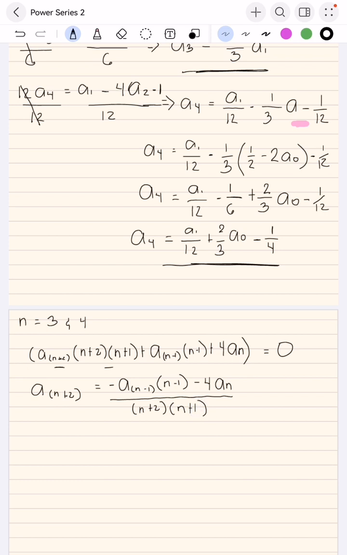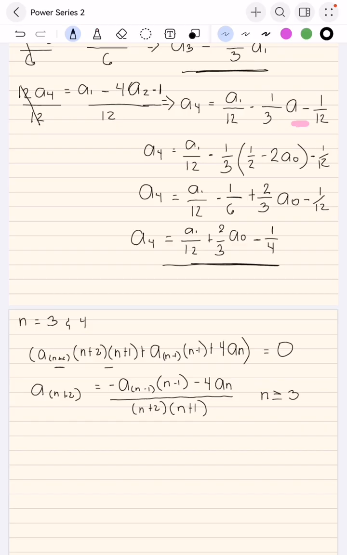And we can use this equation for anything that n is greater than or equal to 3. So let's just find the 3 and 4, okay?